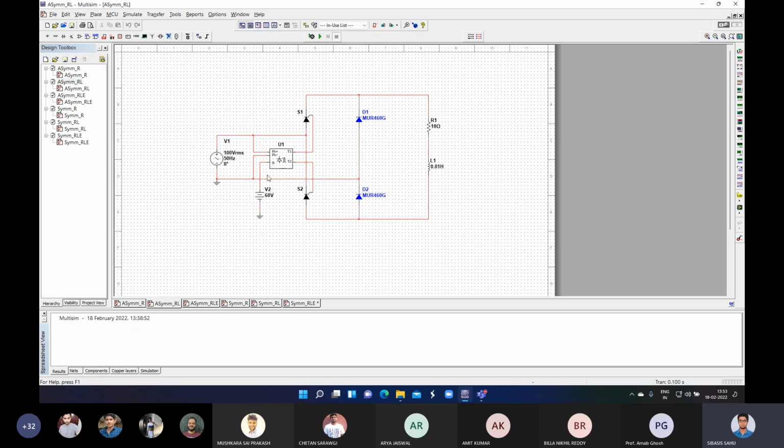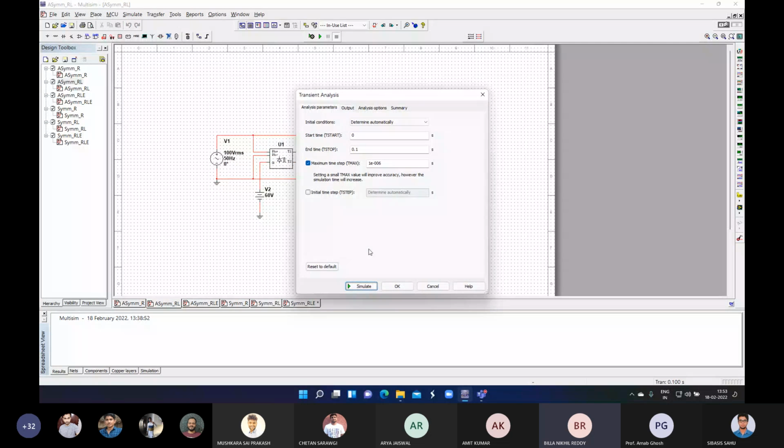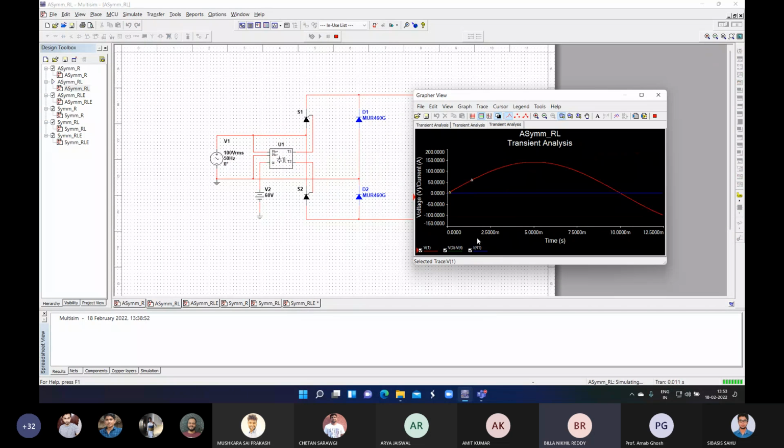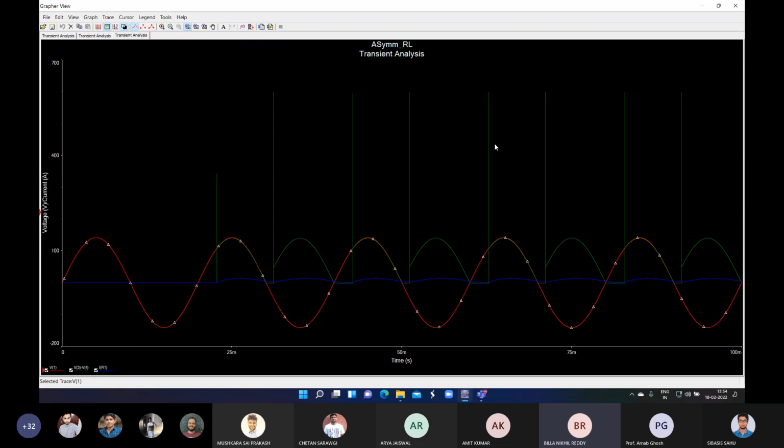Sir, this is RL. This is with RL load, sir. Okay, RL load. Now make it 150 degree firing angle.